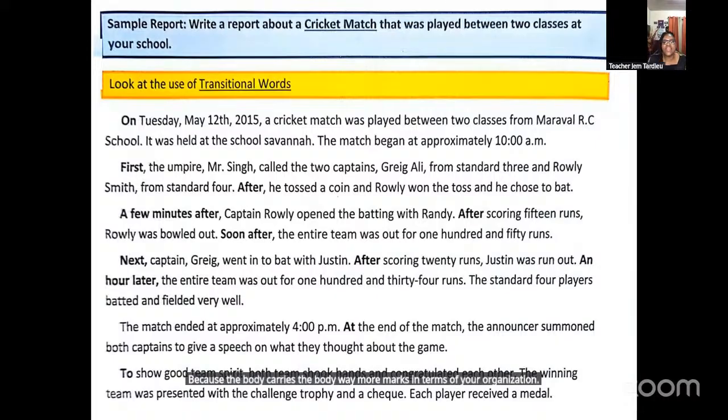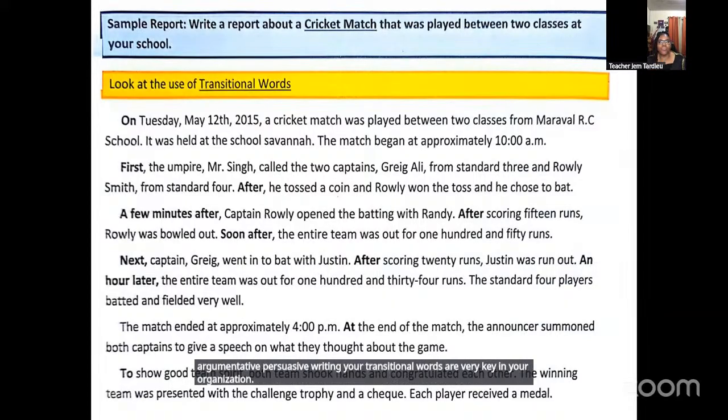Here you would see transitional words, something you would have heard us talk about in summary writing, expository writing, and I'm sure in narrative writing, in argumentative and persuasive writing. Your transitional words are very key in the organization of your writing.